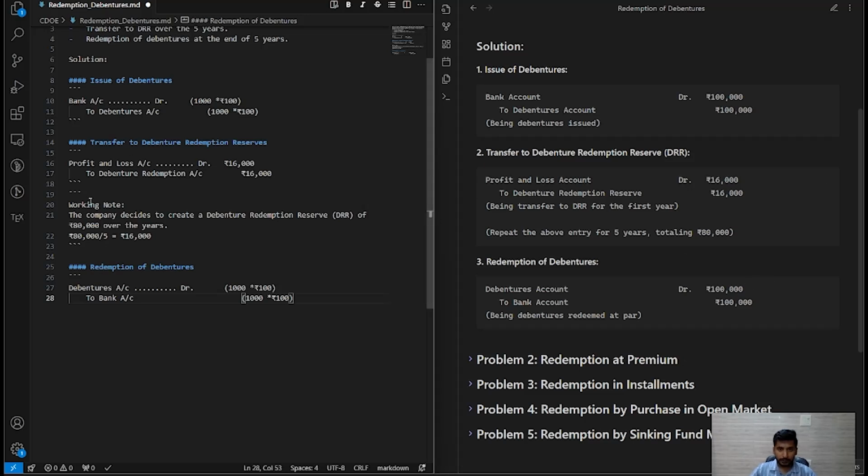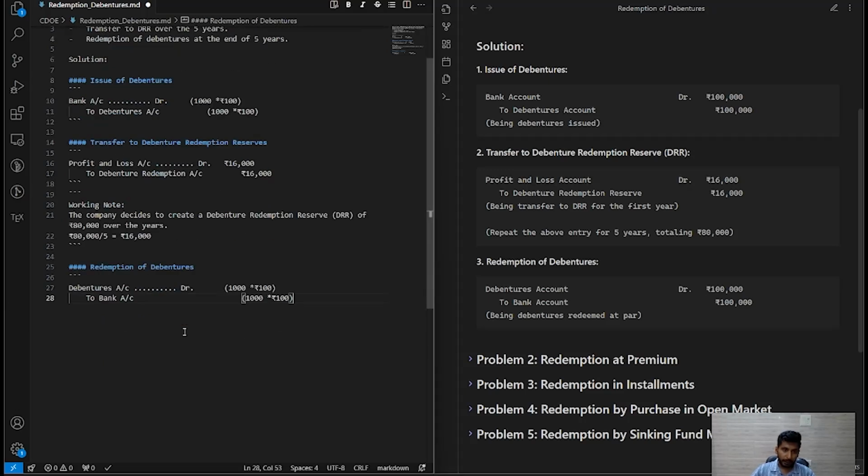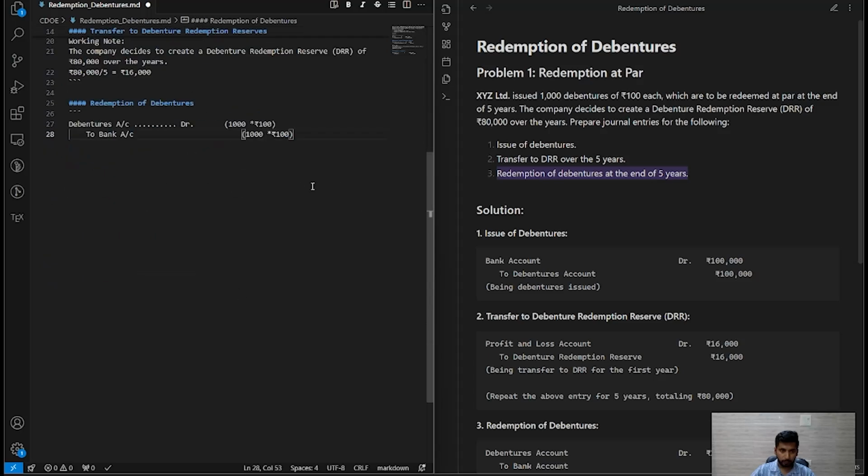So this is the first case scenario. First, we issue the debentures. Then we transfer the amount to the DRR. And after that, we redeem the debentures at the end of the 5 years.